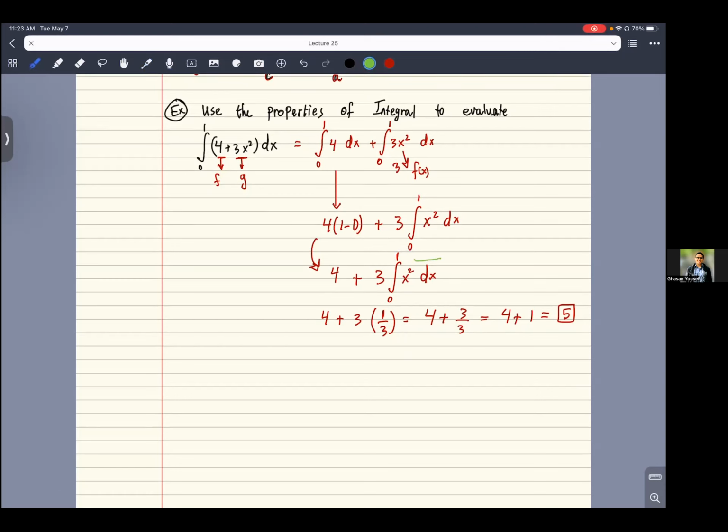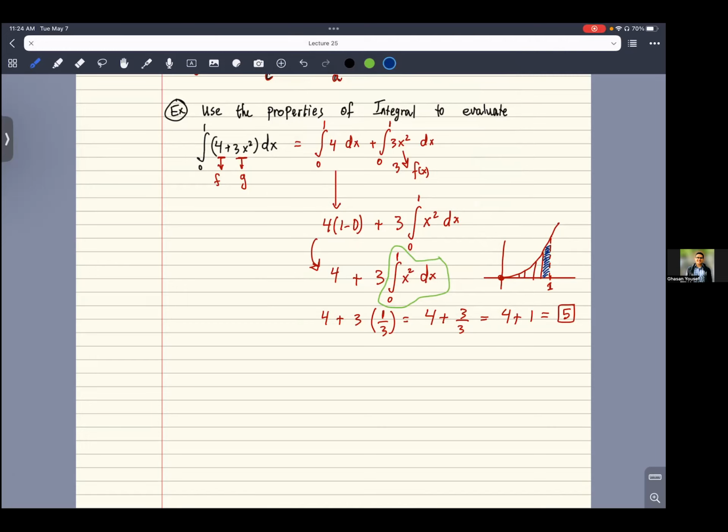In 5.1, when I did the example to find the area of x squared, if you remember, I graphed the parabola function from 0 up to 1, and we split it into rectangles and found the area of these rectangles.